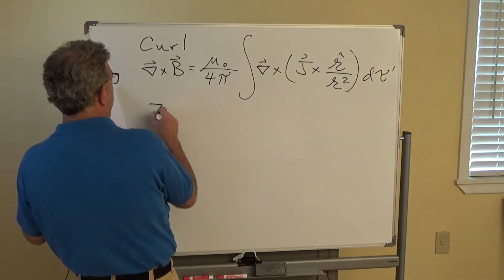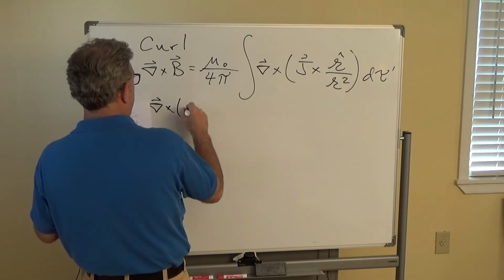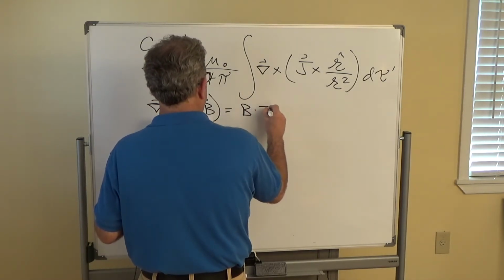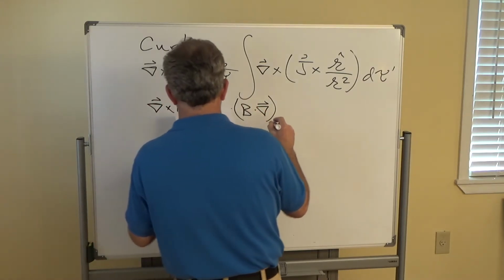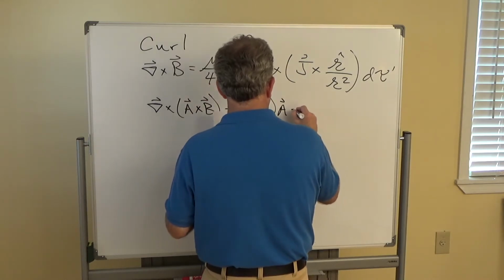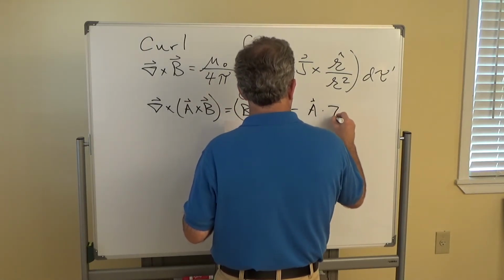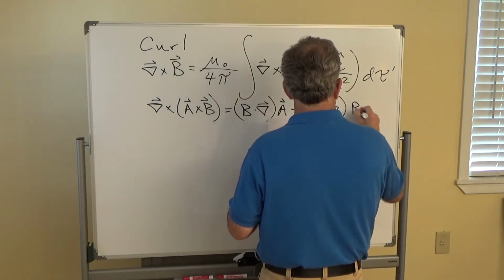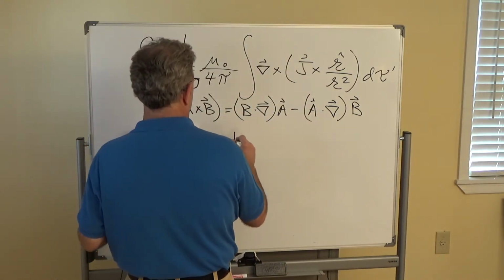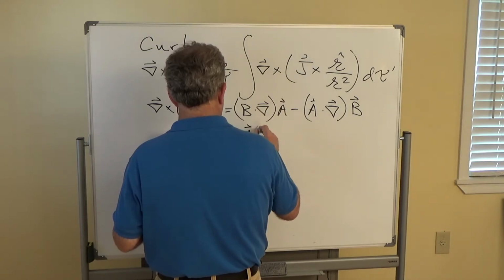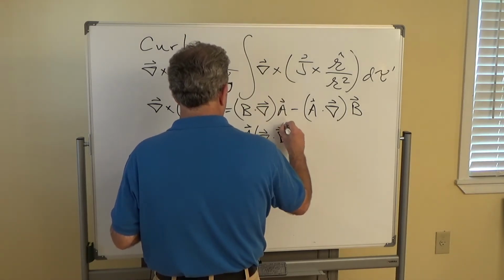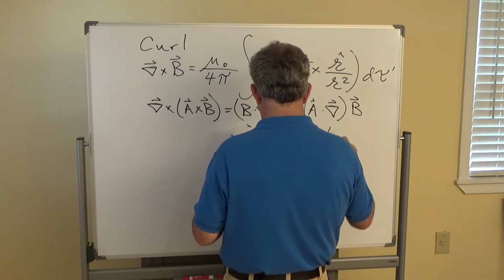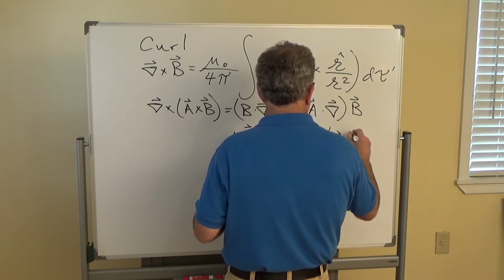So one of our identities was del cross A cross B is equal to B dot del times A minus A dot del B plus A del dot B, minus B del dot A. Okay, don't get confused.